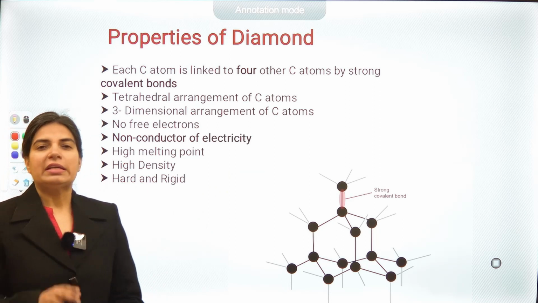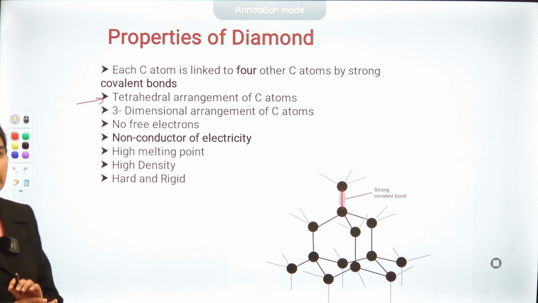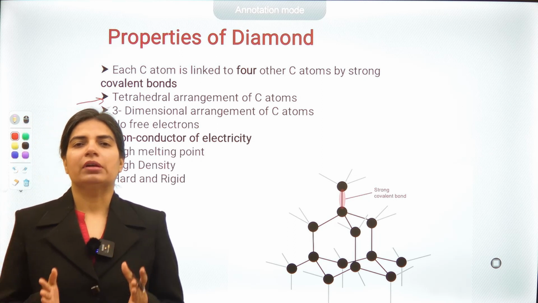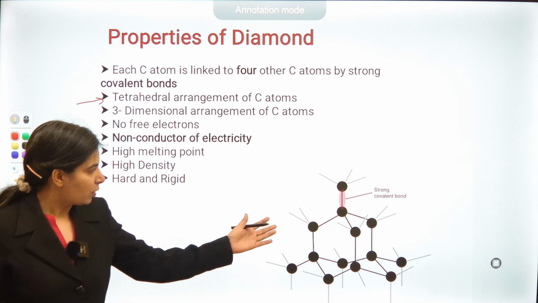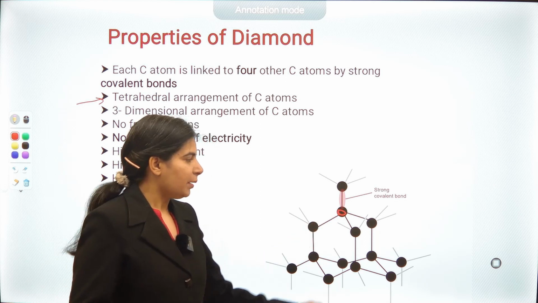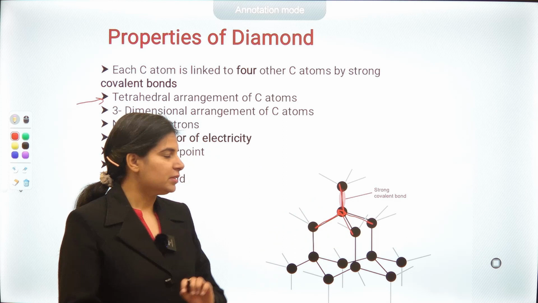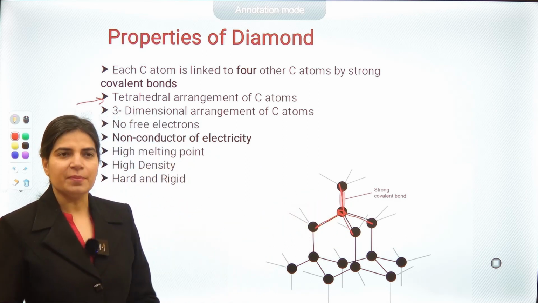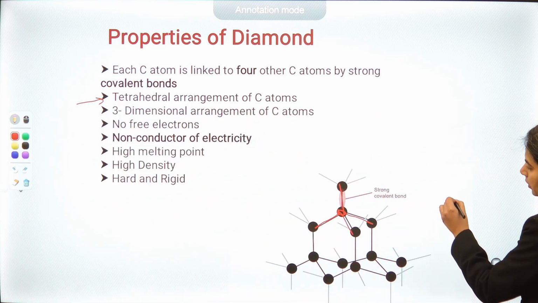If I talk about second property of diamond, here it is about the arrangement. Carbon is having tetrahedral arrangement in case of diamond. Say, if I talk about the structure, here central carbon is attached with 4 other carbons by the mean of covalent bond, and the arrangement of structure is tetrahedral. This is our central carbon.